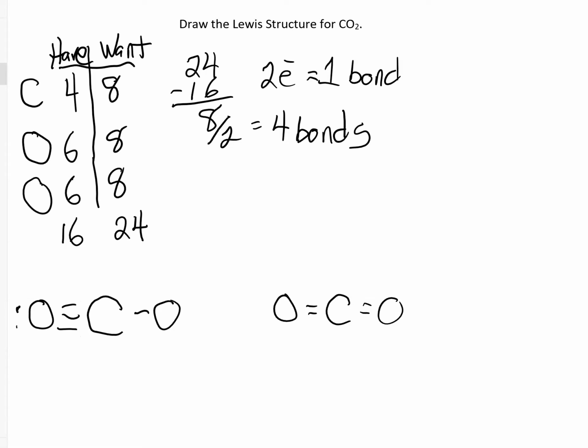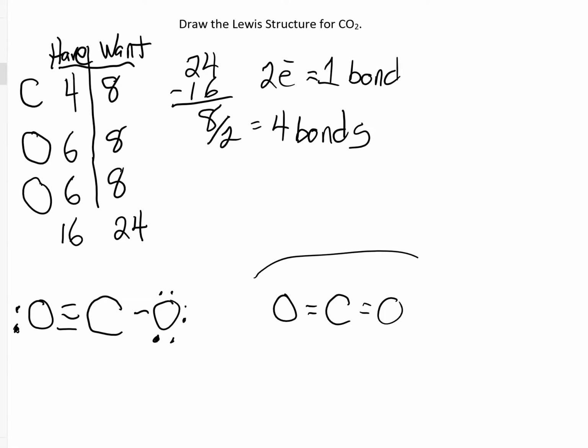So we're going to have 1 lone pair sitting on this oxygen. Likewise, the other oxygen is going to have a grand total of 6 electrons, or 3 lone pairs, sitting on it. And if we count our lone pairs and bonds, we find we have a grand total of 16 electrons used, which is exactly what we need for carbon dioxide.